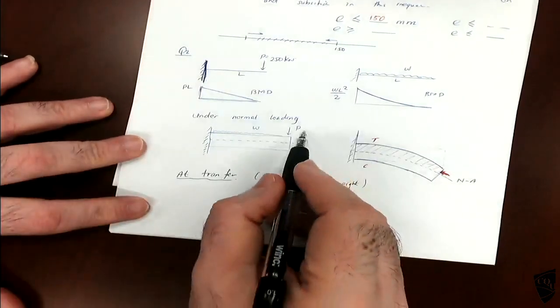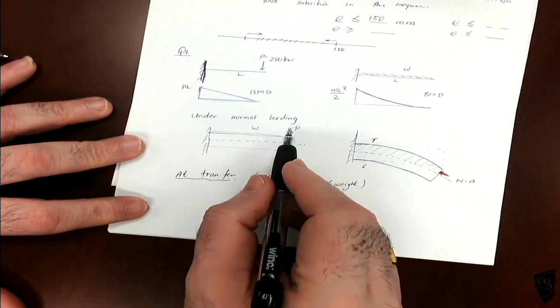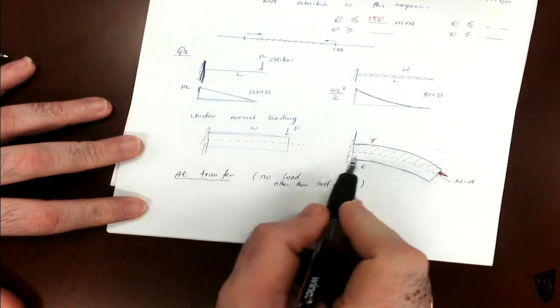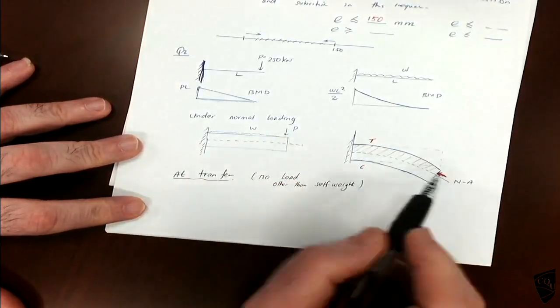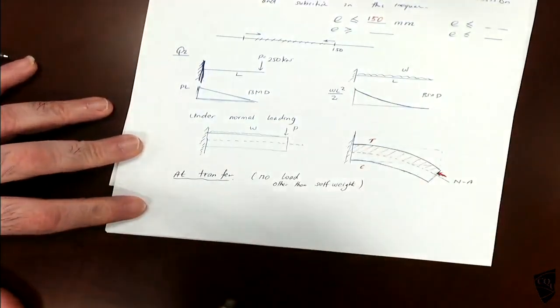So we don't have this force, only self-weight. So it still bends like this, but if we apply the pre-stress, what will happen? It will bend in the opposite direction.